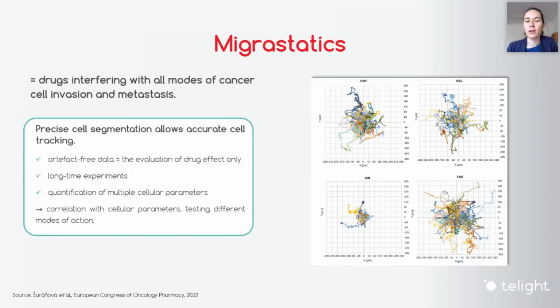So another example of one of our users from Marketa, she's studying the migrostatic effect of different cancer cell lines, and she uses, for example, motility rose plots to evaluate which of the tested drug has the highest effect on the migration of the cells. And again, these motility parameters can be directly in our software correlated with other morphological parameters.